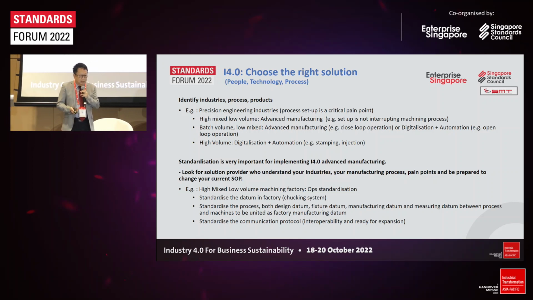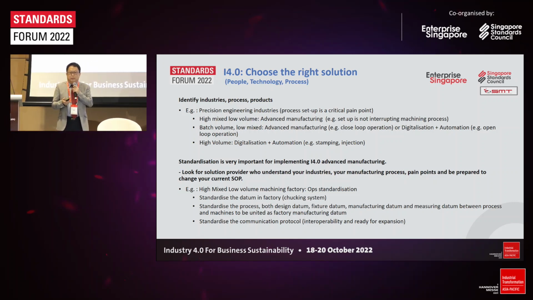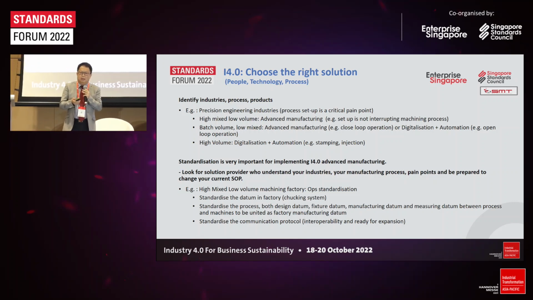Now when you want to do transformation, you have to choose the right solutions. There is some basic guidance for that. Whether you are using only digitalization, or digitalization with automation, or you really go into the area of advanced manufacturing.